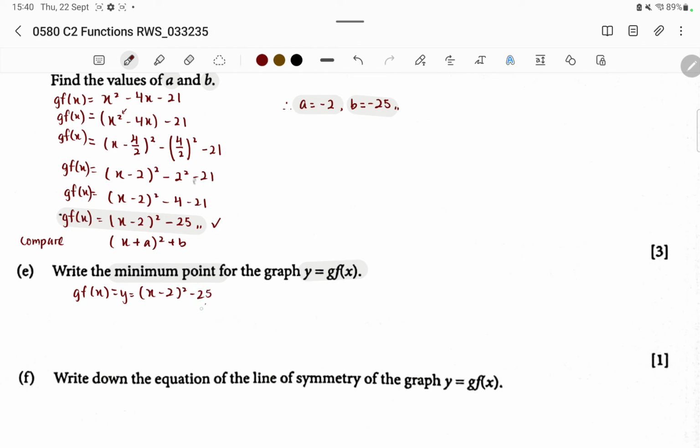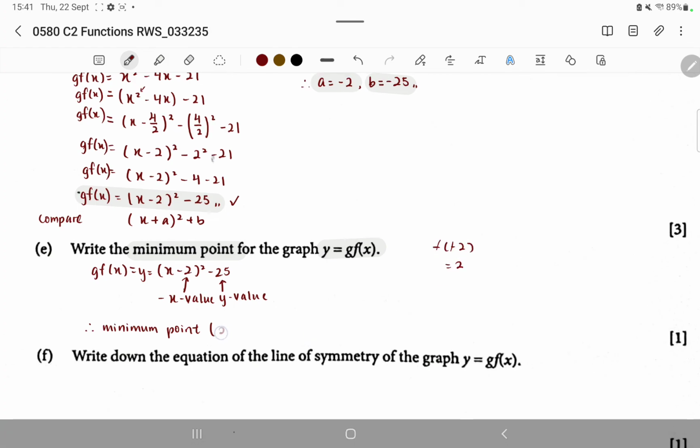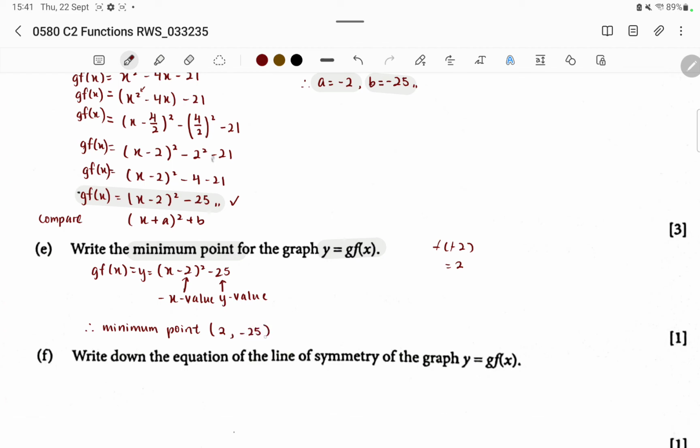So negative 25 is straight away the y value, and this one is the negative of the x value. So the minimum point is negative of negative 2, so 2, and then negative 25. This will be your final answer, 1 mark.